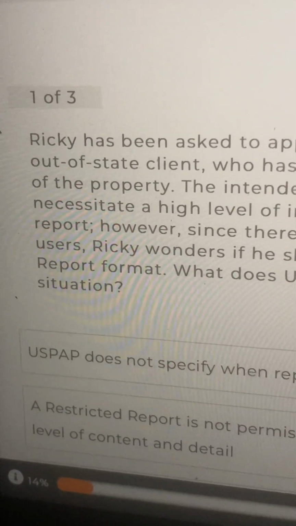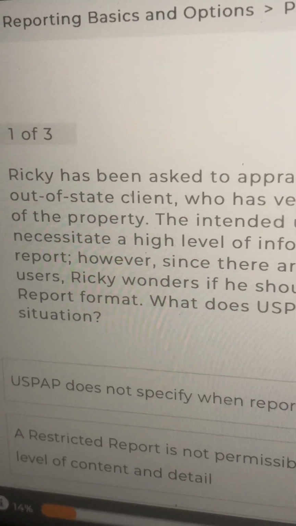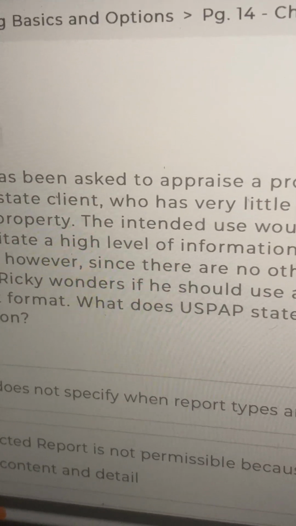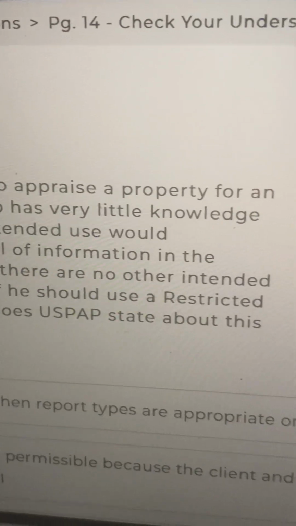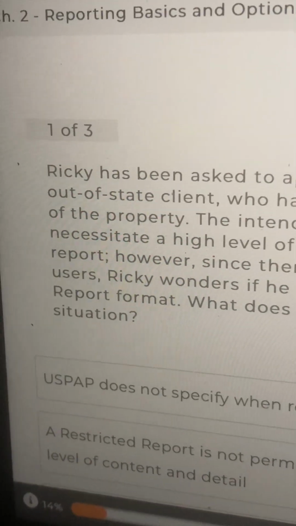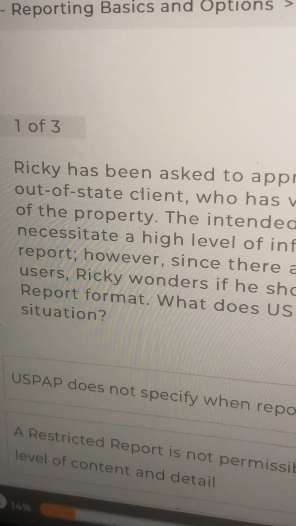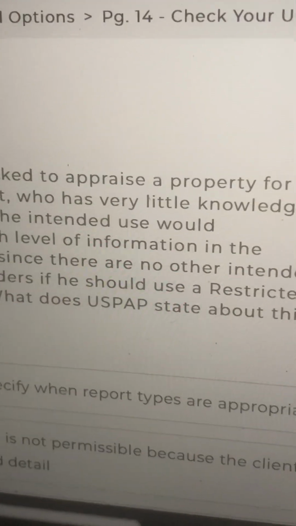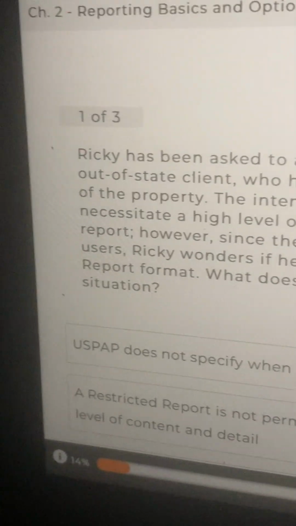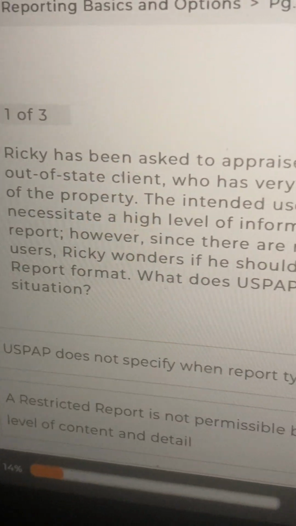Number 1. Ricky has been asked to appraise a property for an out-of-state client who has very little knowledge of the property.